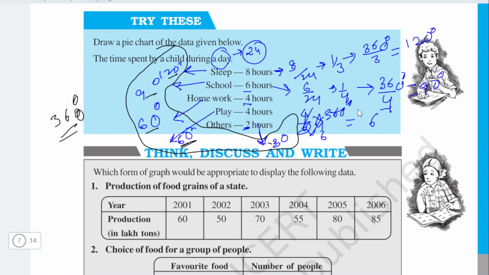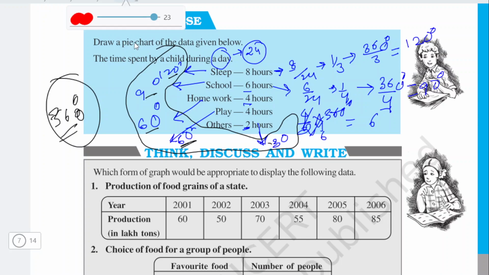So first, to draw the pie chart, what you will do, I'm unable to erase it.